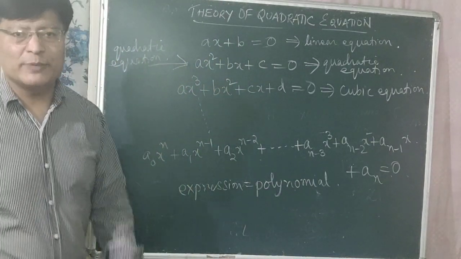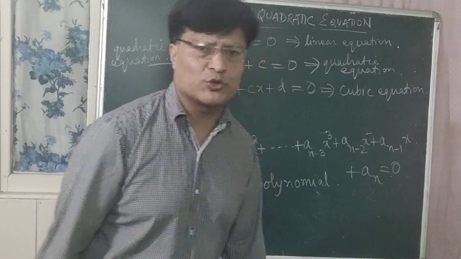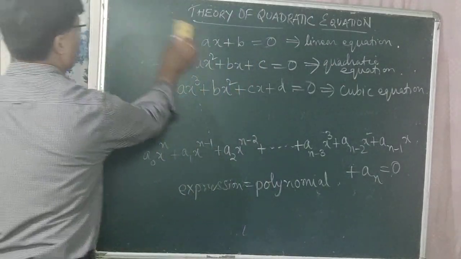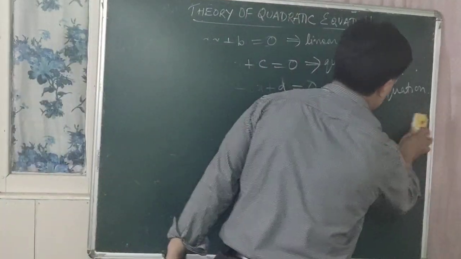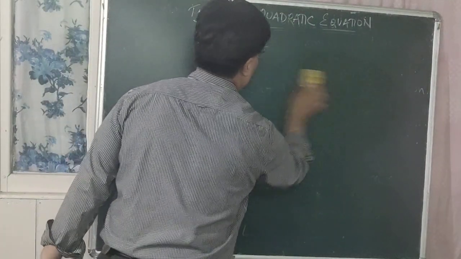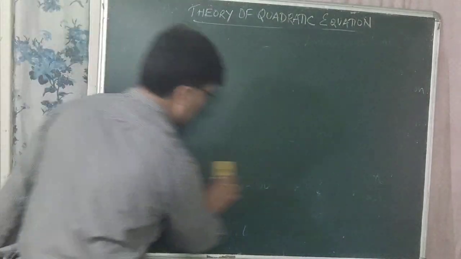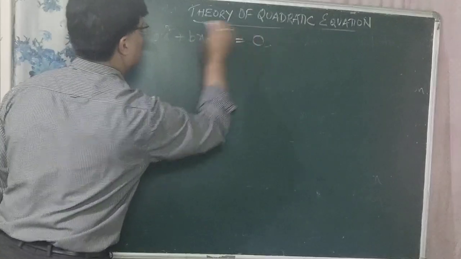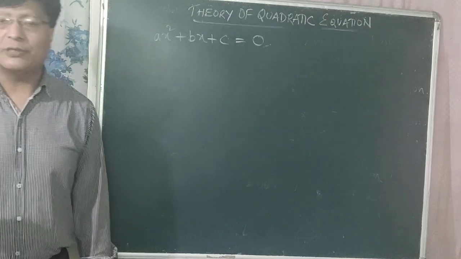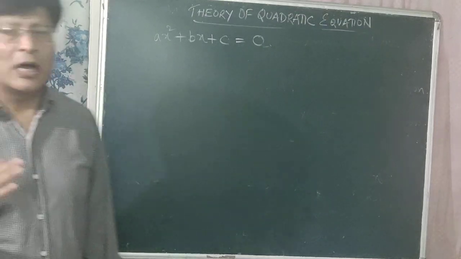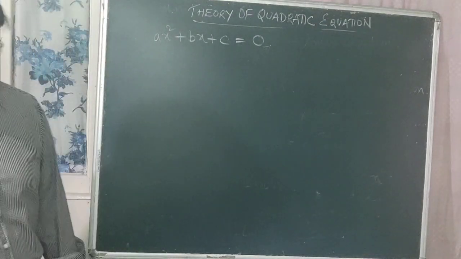So let us solve this quadratic equation: ax square plus bx plus c is equal to 0. How can you get the value of x?